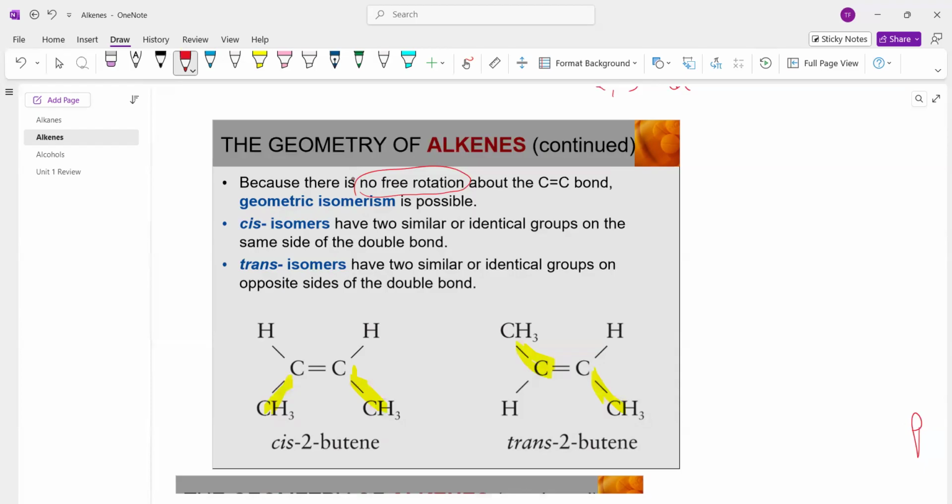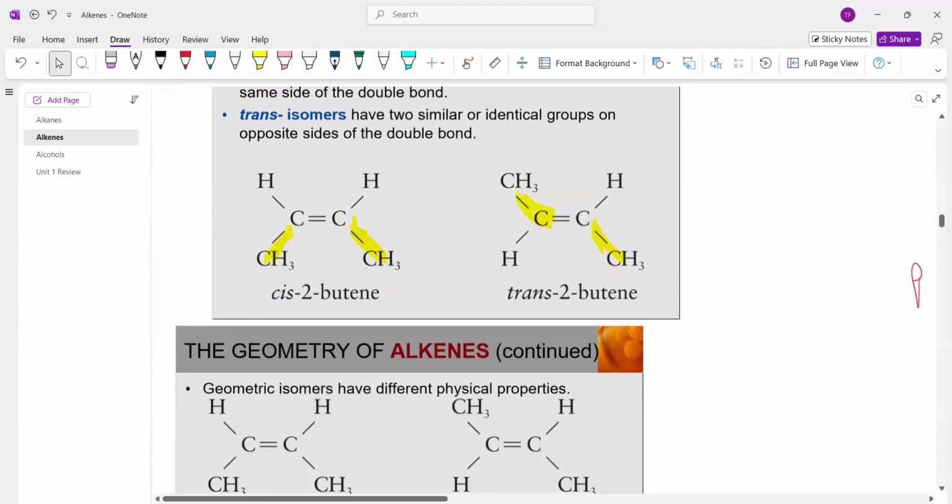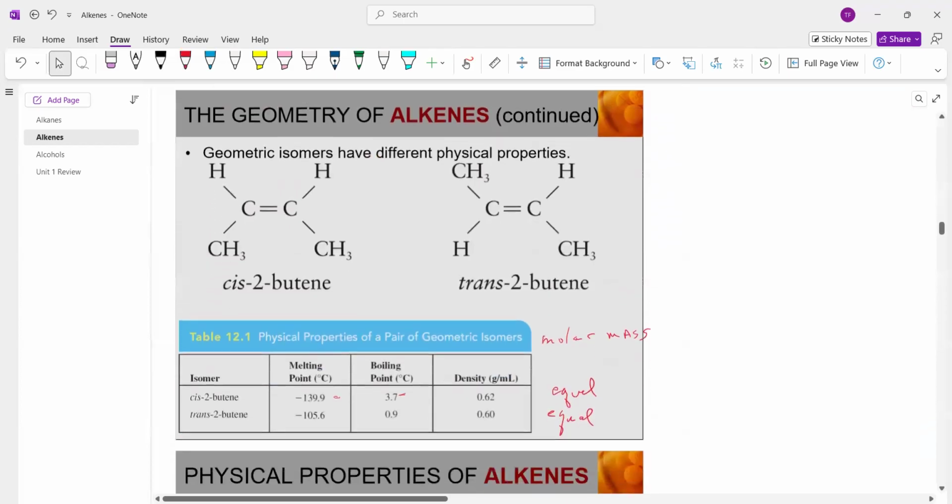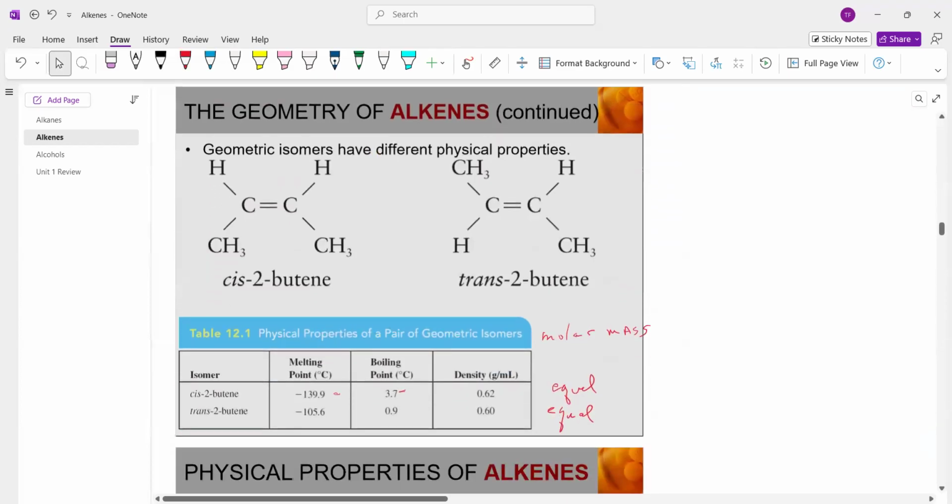And it is. The physical properties of cis-trans are very close, but not the same. The trans, notice, has a lower melting point than the cis.